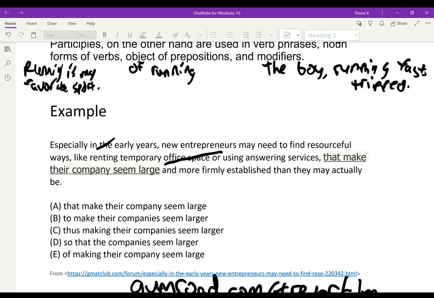So in terms of what we were talking about, need to find ways to make. These are my helper verb, infinitive. Need to find ways to make. So I've got verb, infinitive, object, infinitive.